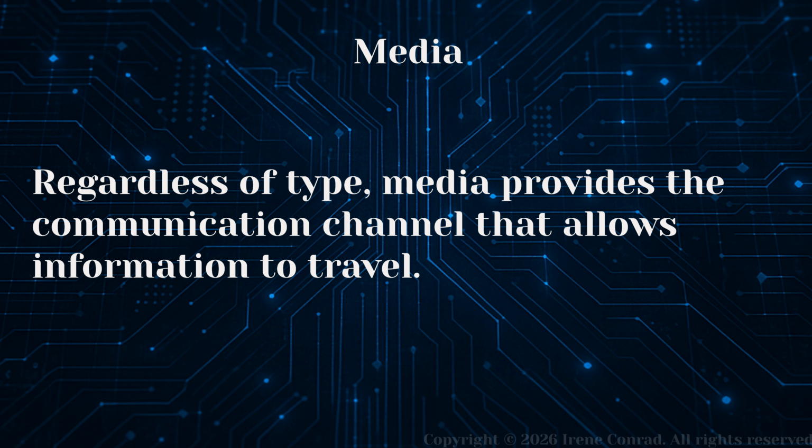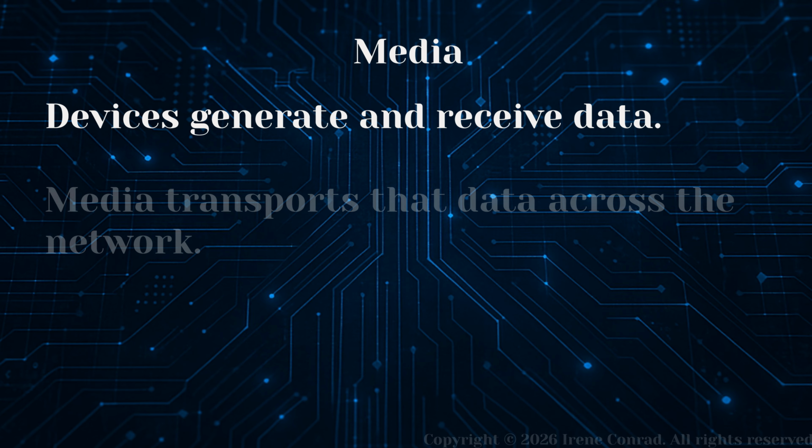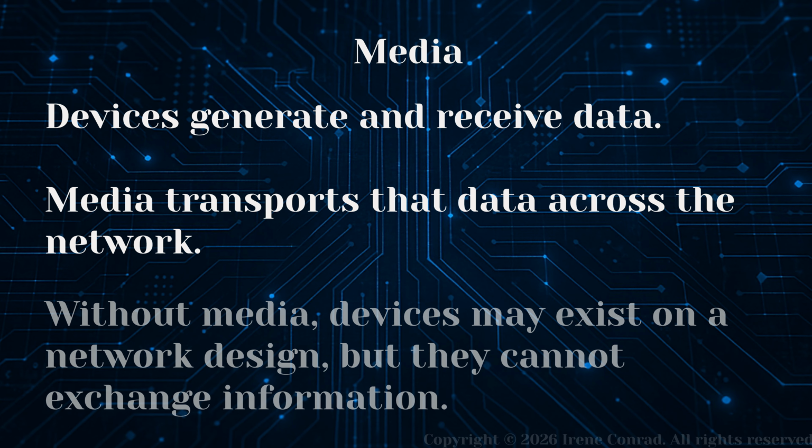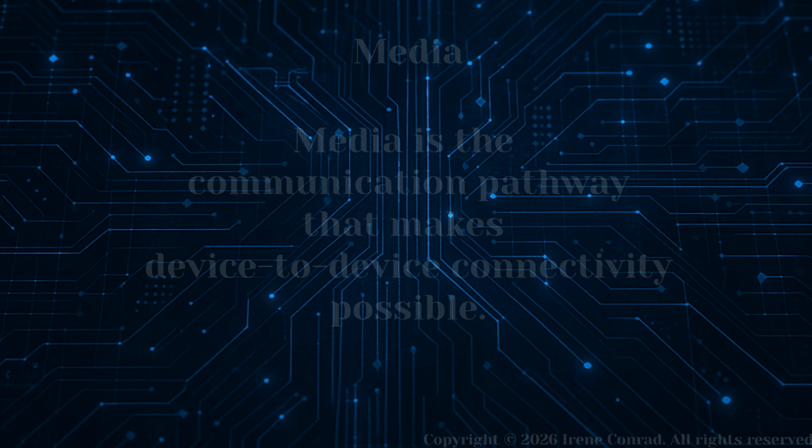A good beginner way to think about it is this: devices create and receive the information, media carries the information. So if devices are the people in the conversation, media is the road the message travels on. Without media, the devices may exist, but they have no way to reach each other.